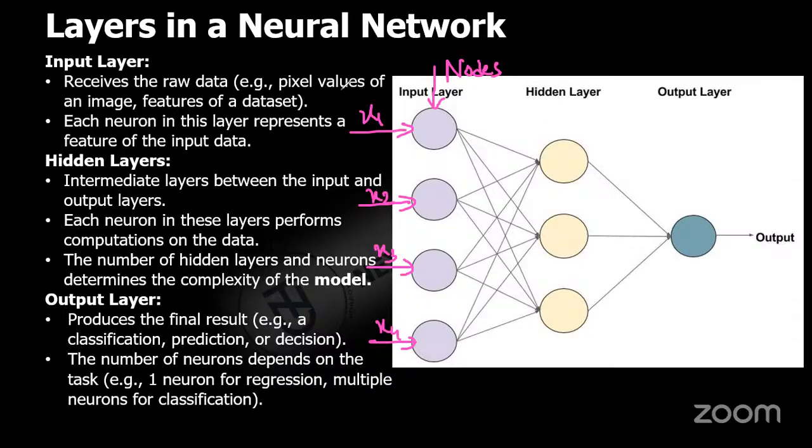If you take an image, it represents pixels. And why neural networks became popular is that they can work on both structured and unstructured data. Structured data is data which can be represented in the form of tables with a predefined schema.